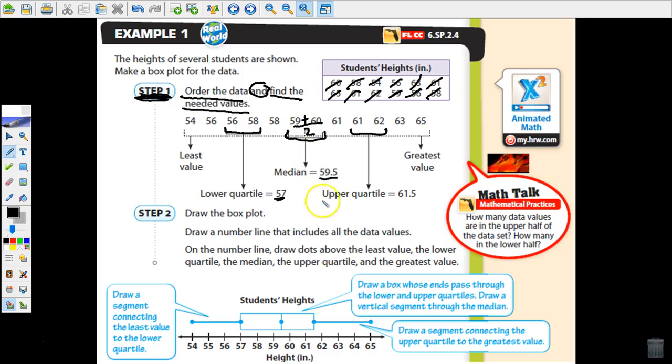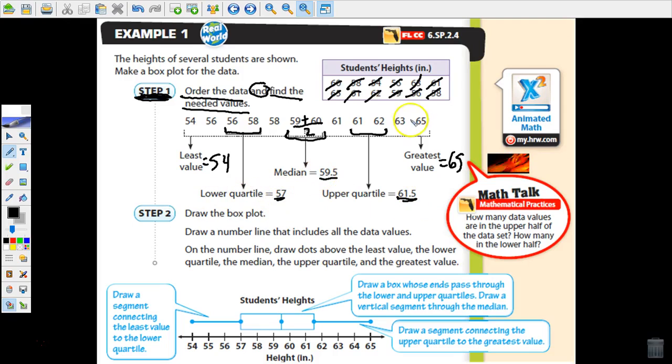That's my median. And then when I add 61 plus 62 and then divide it by 2, I get 61.5. So 54 is my least value. My greatest value is 65. My median is 59.5. My upper quartile is 61.5. And my lower quartile is 57.